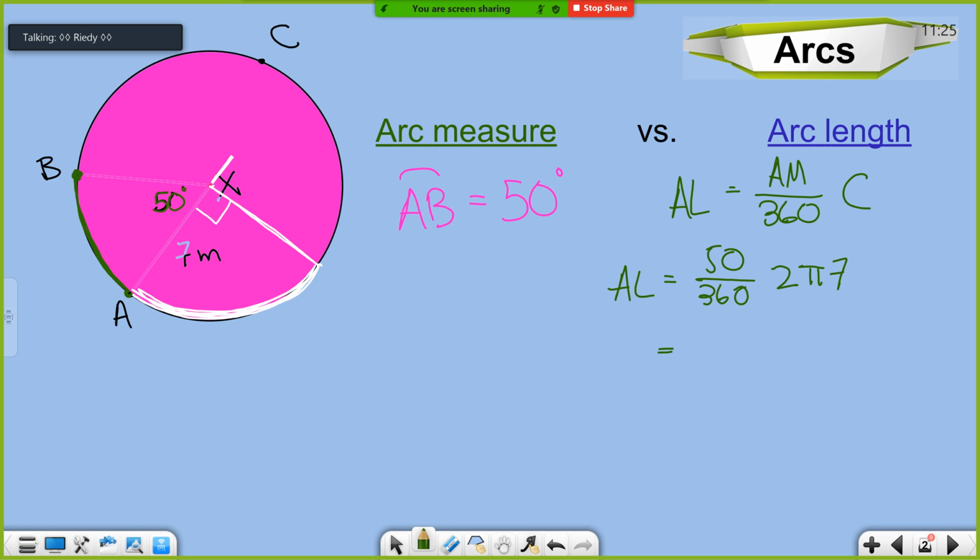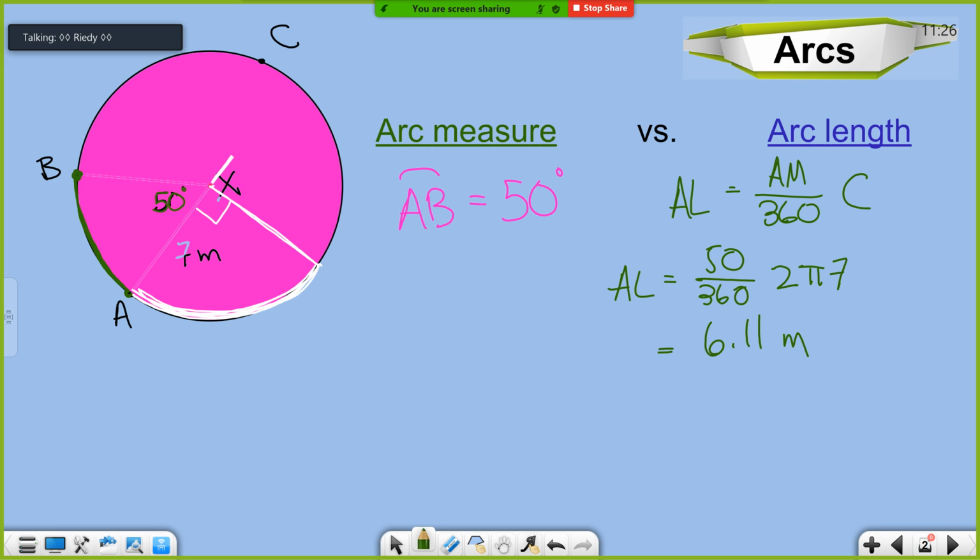All right, bust out your calculators. Tell me what that's equal to. And my units here would be meters.